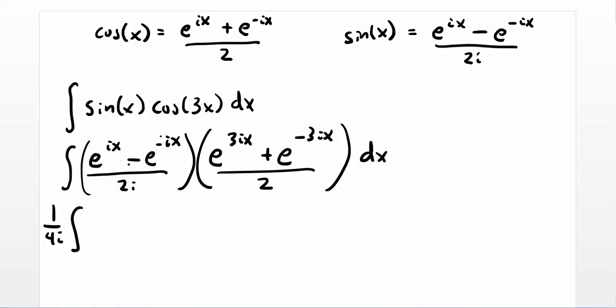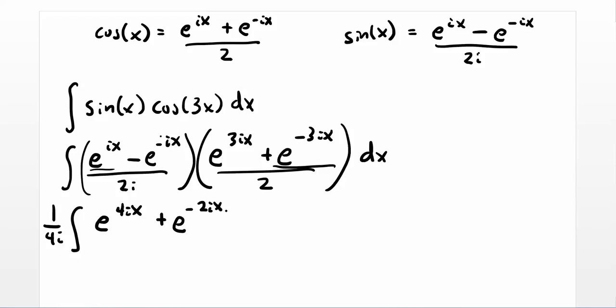And then what you're going to do is FOIL out the top. So e to the 3ix times e to the ix becomes e to the 4ix. And do the outside terms now. e to the ix times e to the negative 3ix becomes e to the negative 2ix.